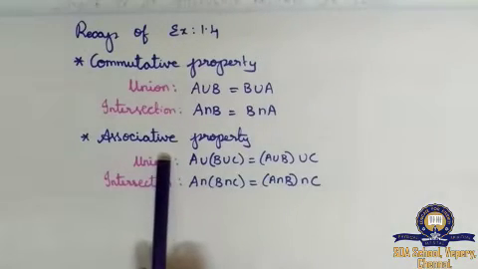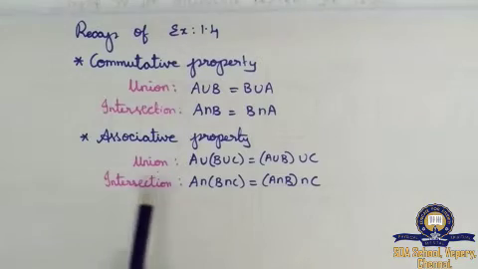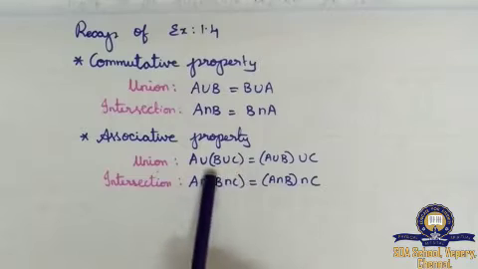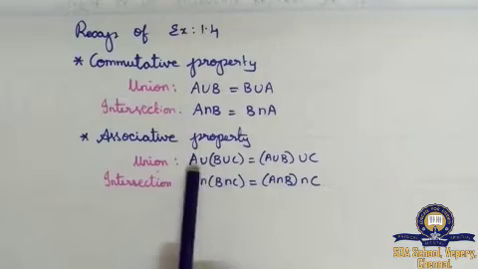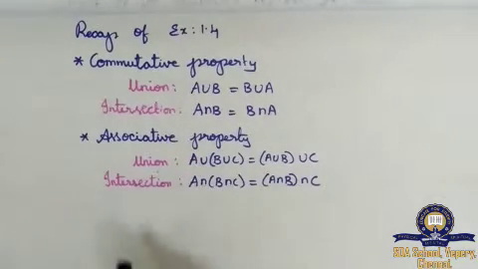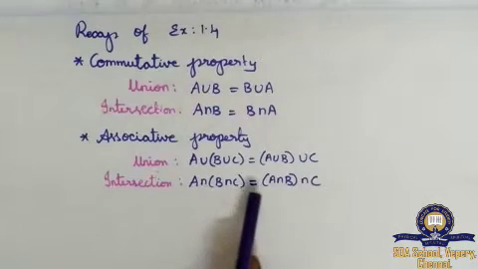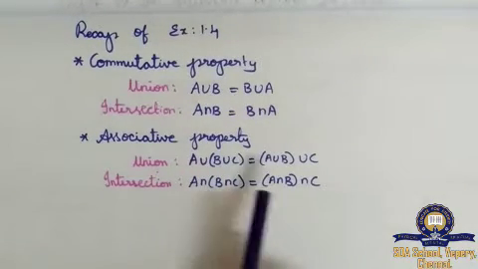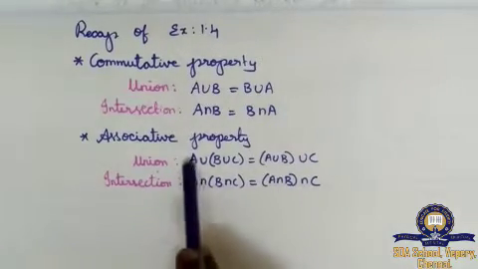In the same way, in the associative property also we have union and intersection. In union, A union B union C: within brackets we need to say together A union B, union C, is equal to, then we have to combine and write A union B, then union C. Same way for intersection, A intersection B intersection C is equal to A intersection B and then intersection C. We need to memorize only the left hand side, and the right hand side we can do by a trick.